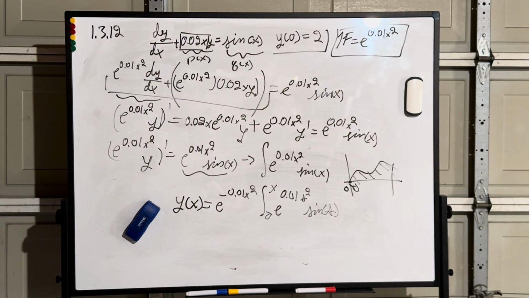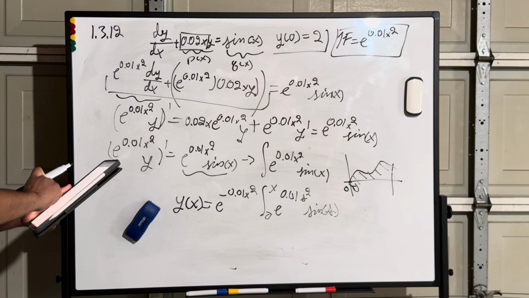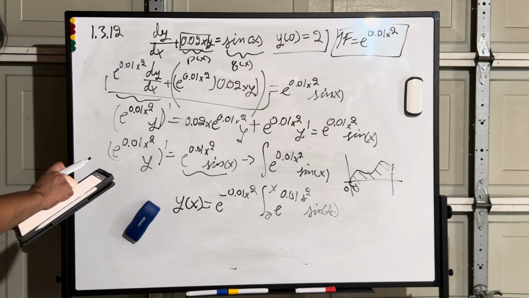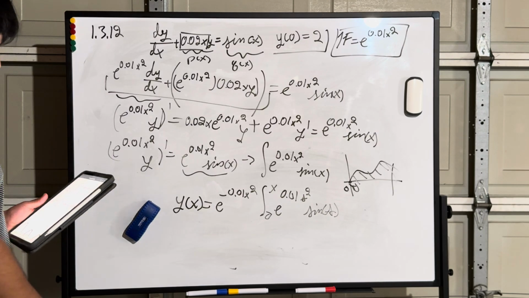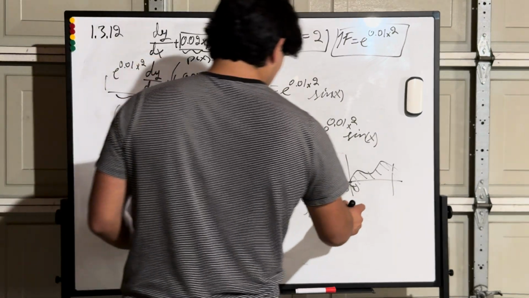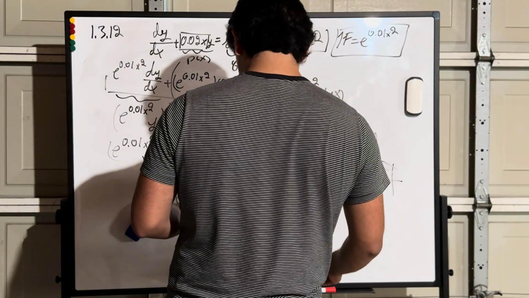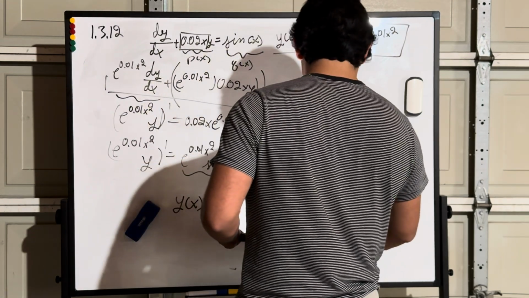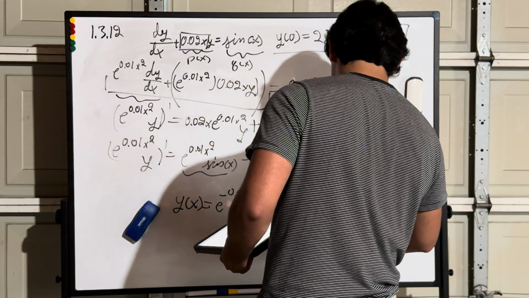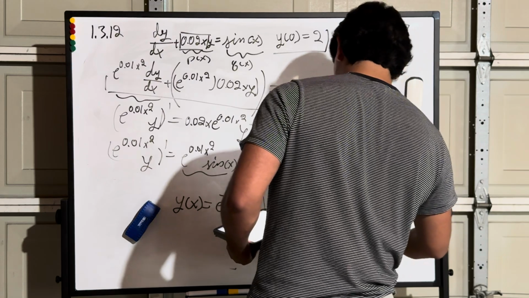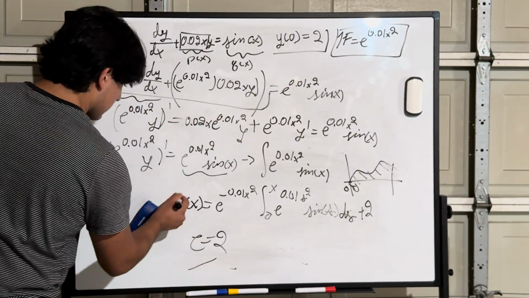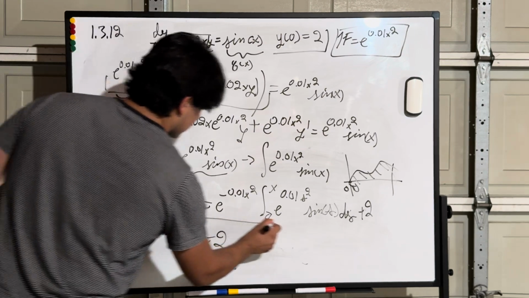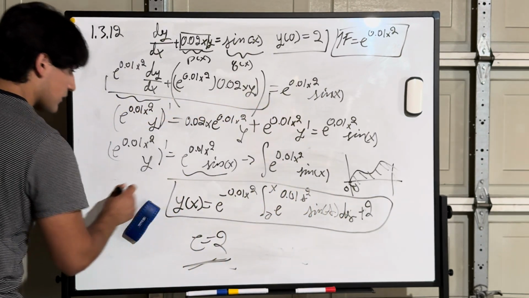Okay, we're good. Oh, plus 2. You know why it's plus 2? Because c was equal to 2, remember? Plus 2. So here's your general solution.